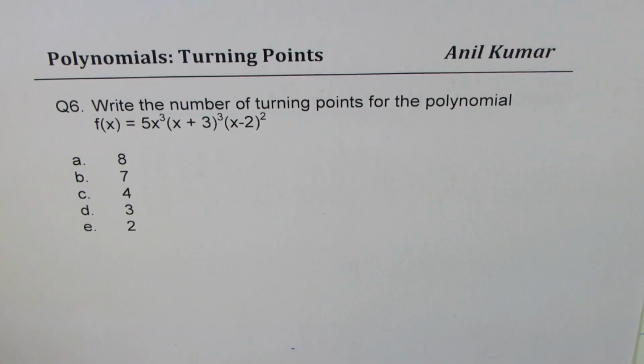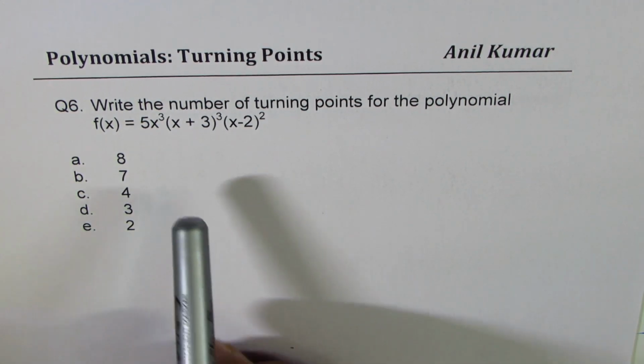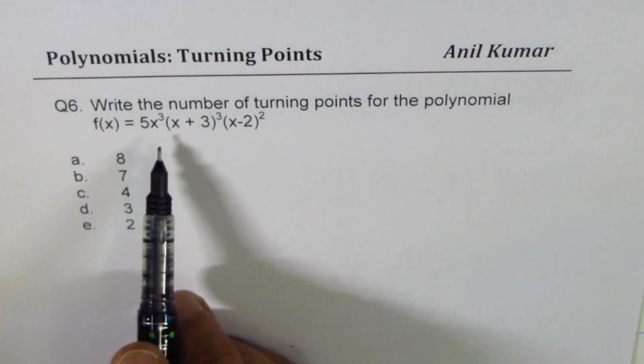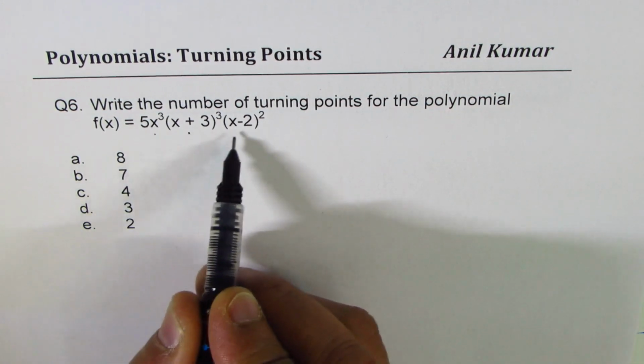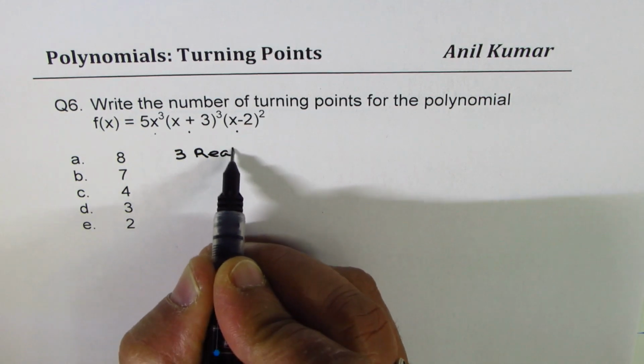Here is question number 6. Write the number of turning points for the polynomial f of x equals 5x cubed times (x plus 3) whole cube times (x minus 2) whole square. Now there are many ways to do it. You could do it using a formula. We have 1, 2, 3 zeros, right? So we have 3 real zeros.